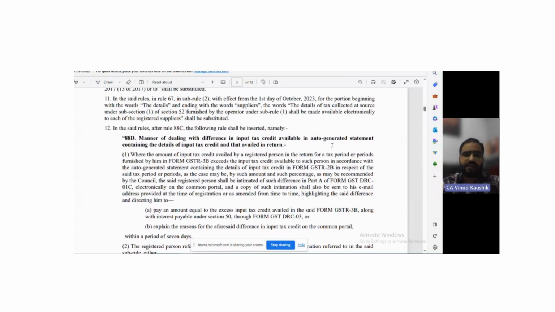And before that, we had the concept of GSTR-2A via Rule 36(4), which was introduced with effect from 9th of October 2019.